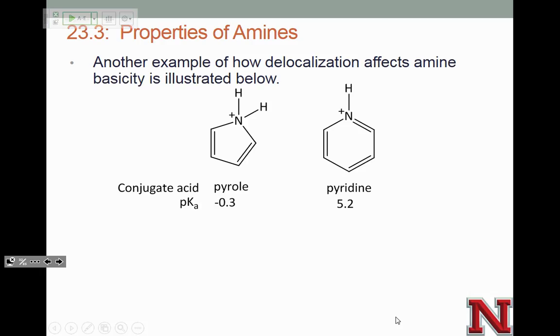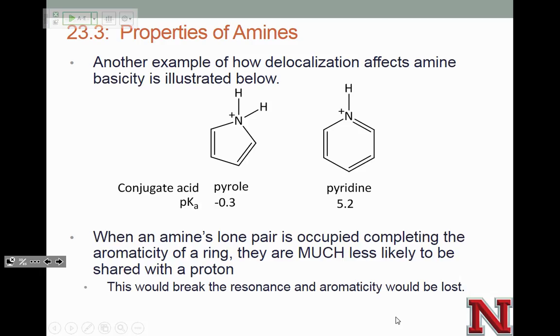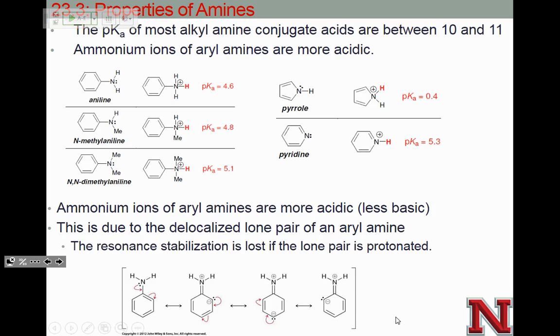So the pyrrole really doesn't want to give up its lone pair. Whereas pyridine is still aromatic. So that's why pyridine is still basic. So remember that aromaticity can affect our basicity. With pyridine, our lone pair isn't participating in aromaticity, so we can give it up. But pyrrole is, so it really doesn't want to give it up. So that's what we're going to learn about amines.